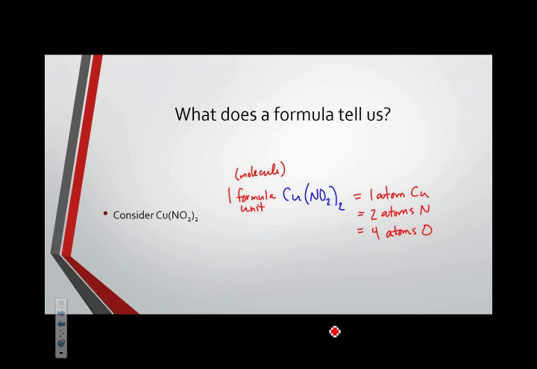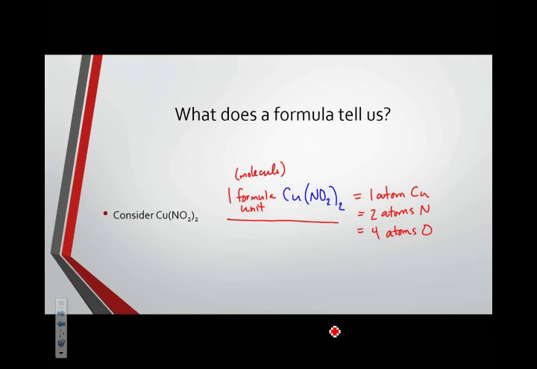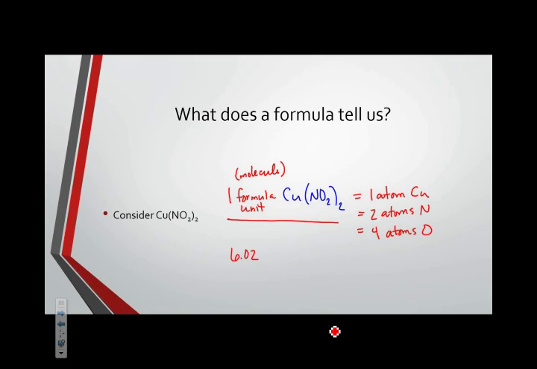The power, and really the sort of amazing thing about moles, is that if I change my frame of reference from 1 of these to 6.022 times 10 to the 23rd of these, then what happens to my number of copper atoms? Well, it's still a 1-to-1 ratio, so I have 6.022 times 10 to the 23rd atoms of copper.